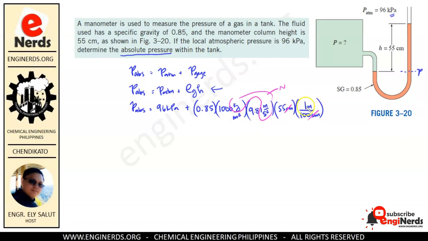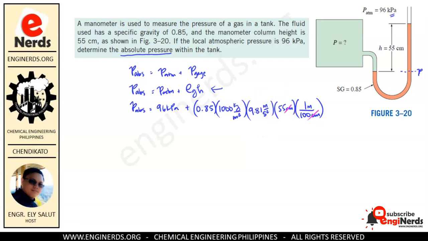Then we have meter in our numerator and cubic meter in the denominator. Therefore, our unit is in Newton per meter squared, which is also equal to Pascal. However, we are going to add this to our atmospheric pressure, which is already in kilopascal. Therefore, we have to convert our term here into kilopascal now. So we are going to divide this by 1000.